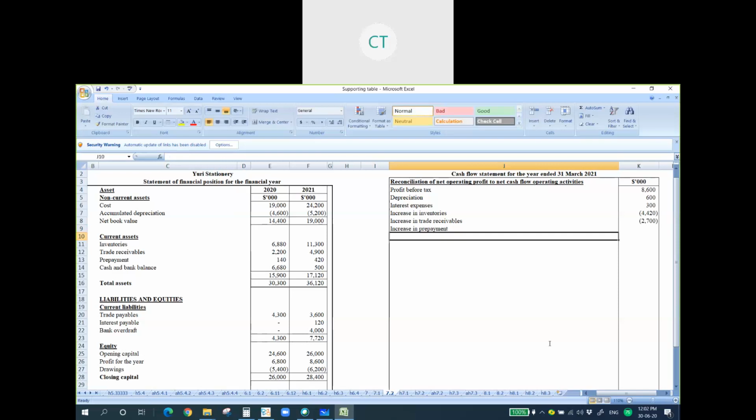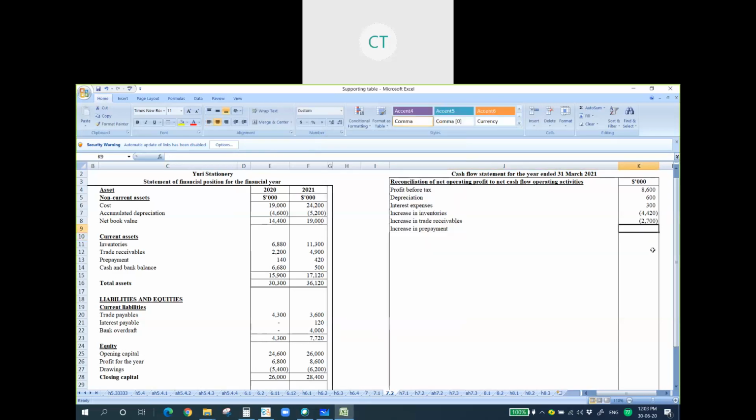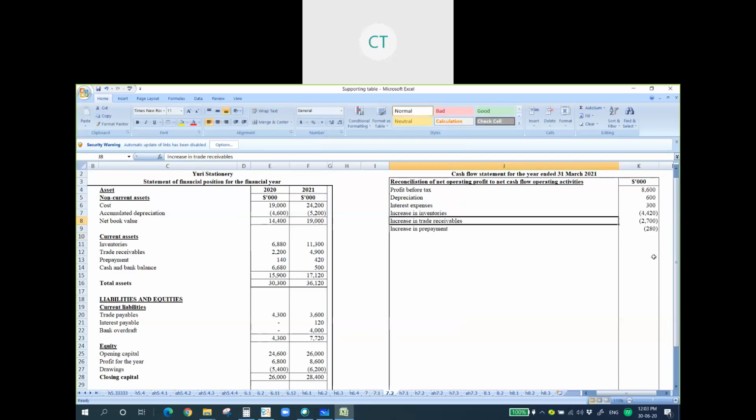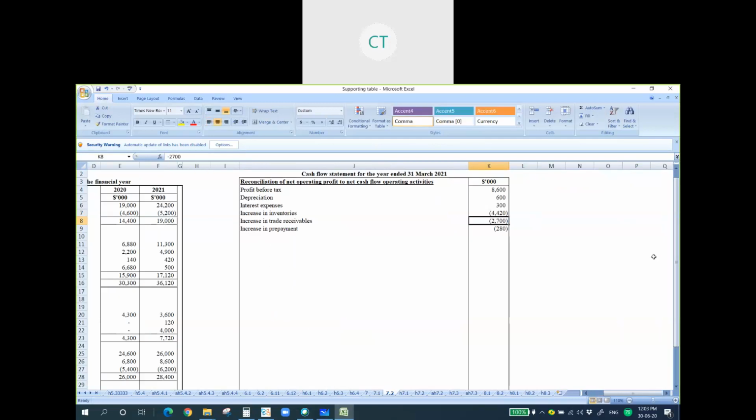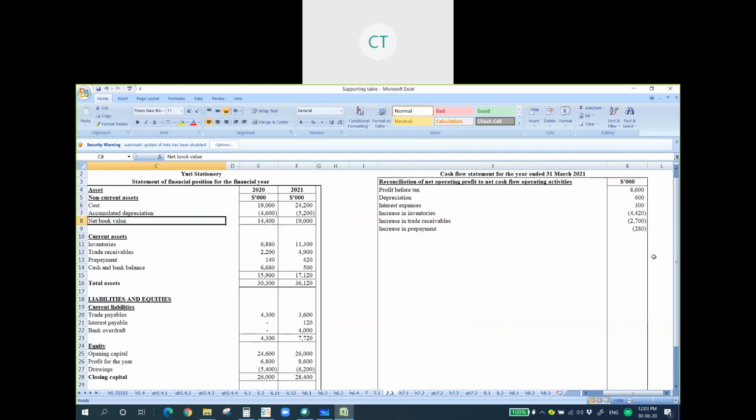So the difference amount is 420 minus 140. So it's 280. So negative. So we can say that if you have an increase in your current asset, it appears as a negative amount in your cash flow statement. On the other hand, if this is a decrease in your current asset, then this is a positive. All right.